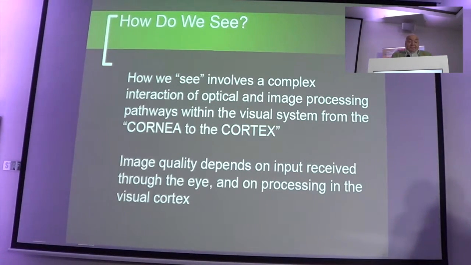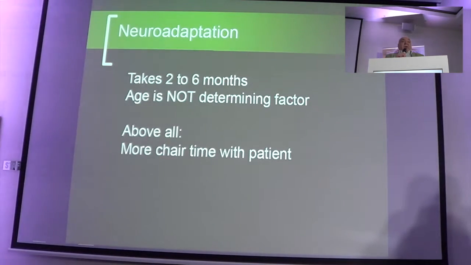So how do we see? It's a complex interaction of optical and image processing pathways within the visual system from the cornea to the cortex. Image quality depends on inputs received through the eye and on processing in the visual cortex. Neuro-adaptation takes 2 to 6 months, and age is not, I repeat, not a determining factor.